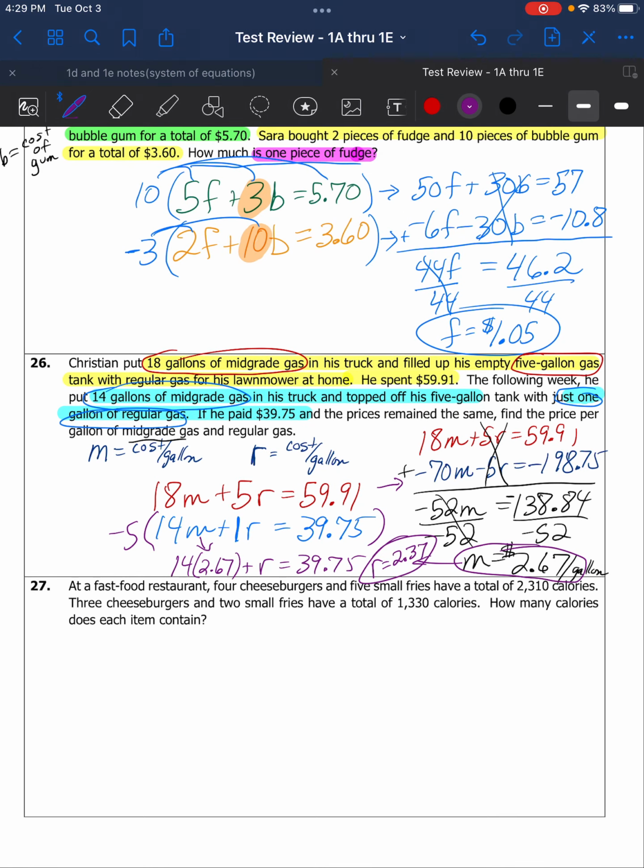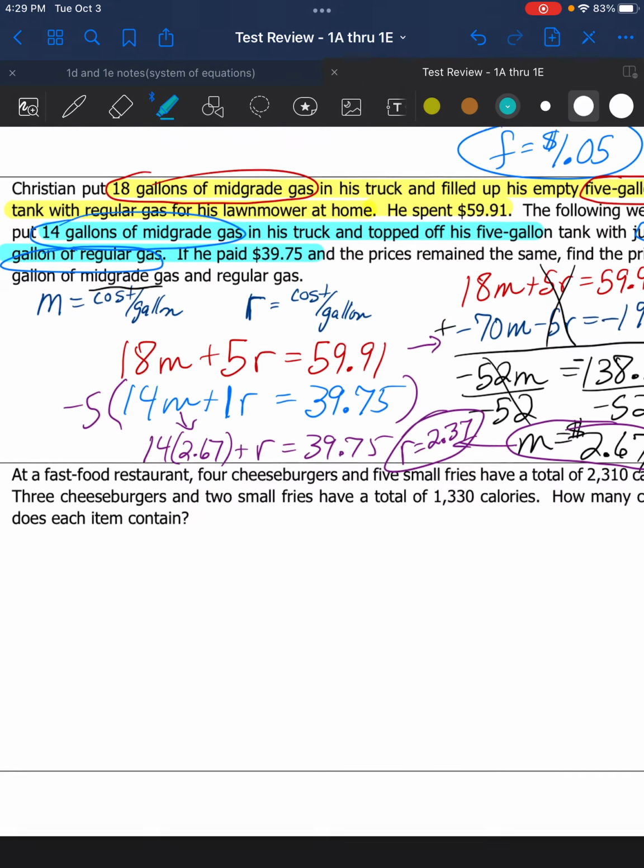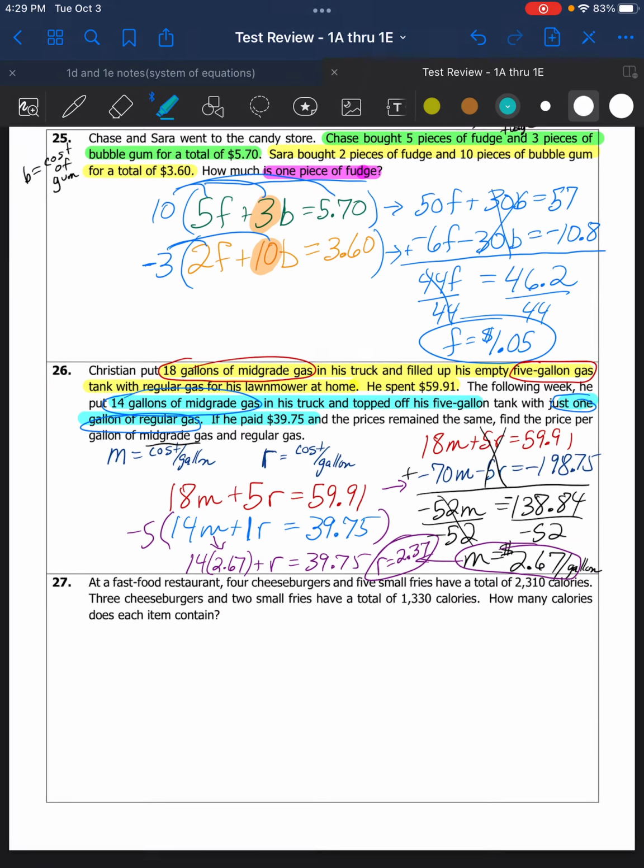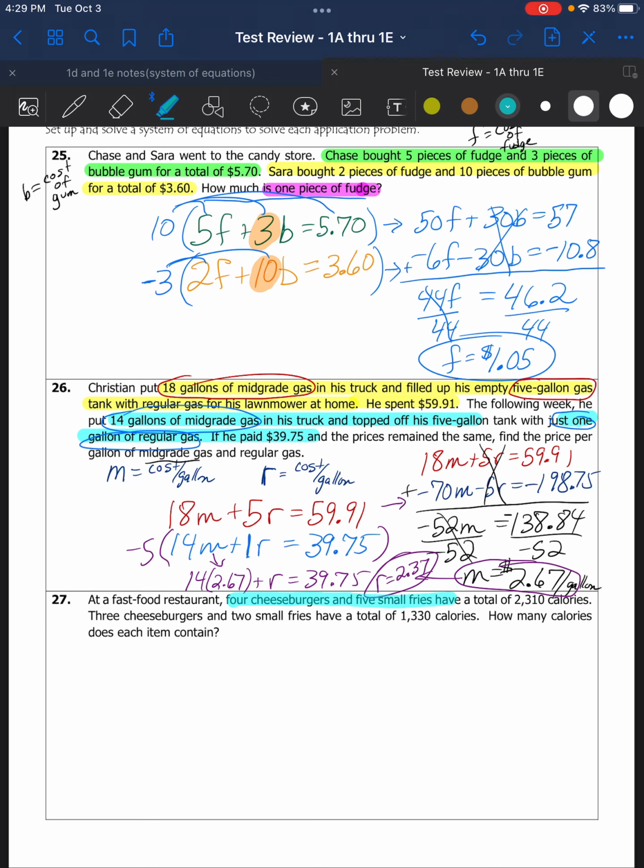All right, fast food restaurant. We have 4 cheeseburgers and 5 small fries for a total of 2,310 calories, your daily intake. Next one, we have 3 cheeseburgers and 2 small fries, total of 1,330.